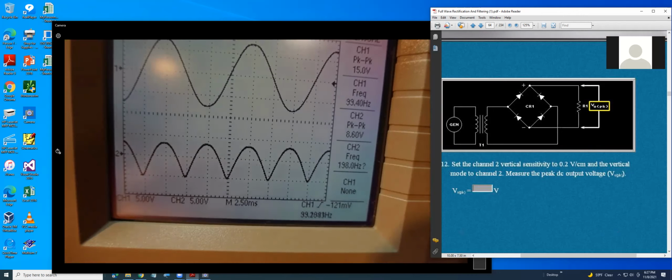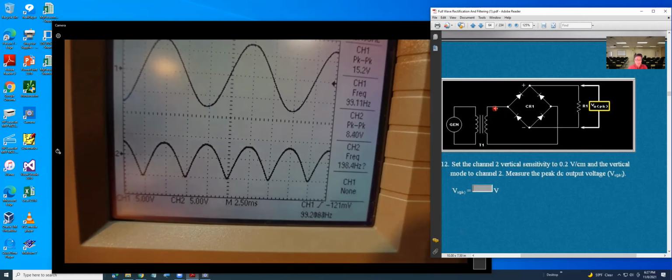Okay, now if you're looking on your computer, you see my cursor moving here, right? Can you see that? Yes. Okay, now for the positive input, which diodes will be on?